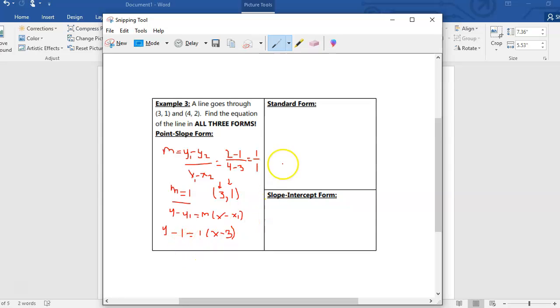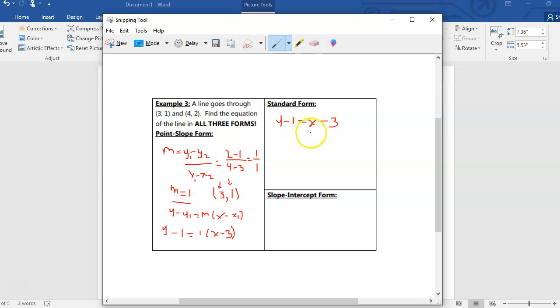All right. Now I'm going to move on to standard form. Standard form, I'm just going to simplify this and make sure I have an a and b value and make sure my a is not negative and I have no fractions. So if I distribute my 1, in this case, nothing would happen. I would just have y minus 1 is equal to x minus 3.